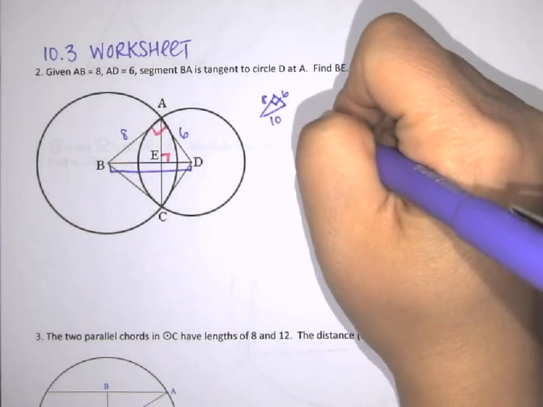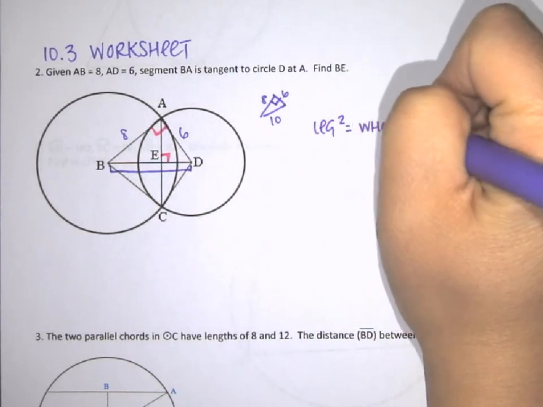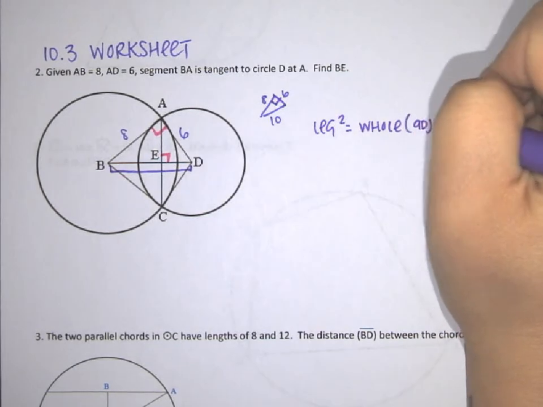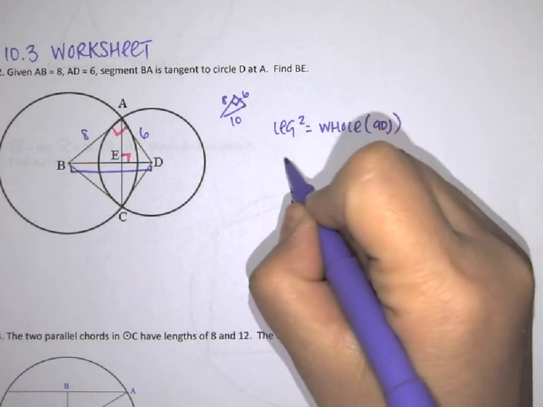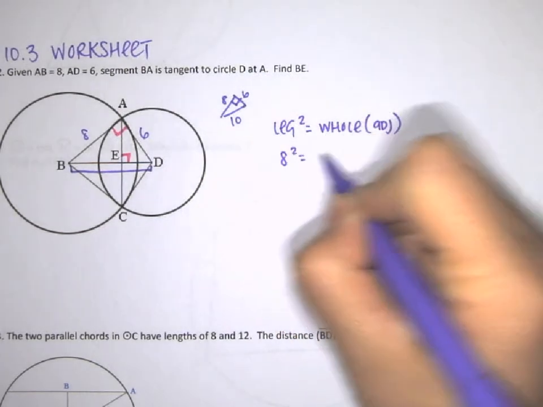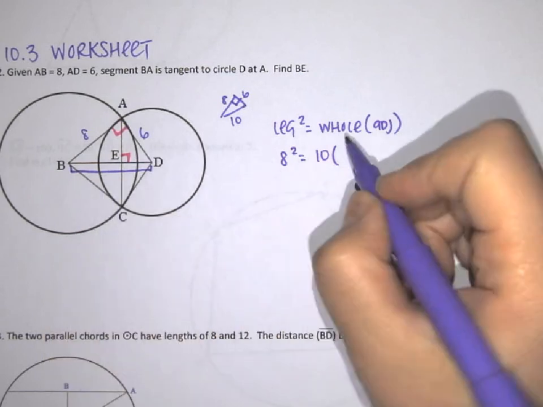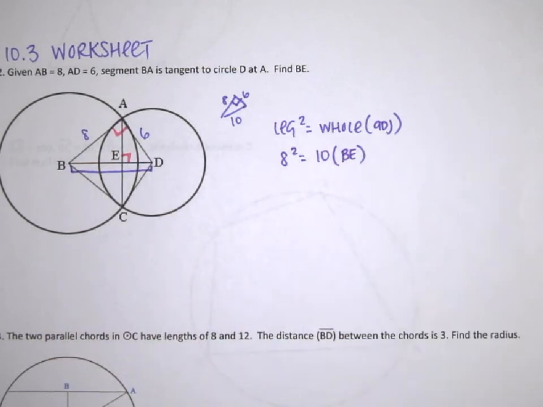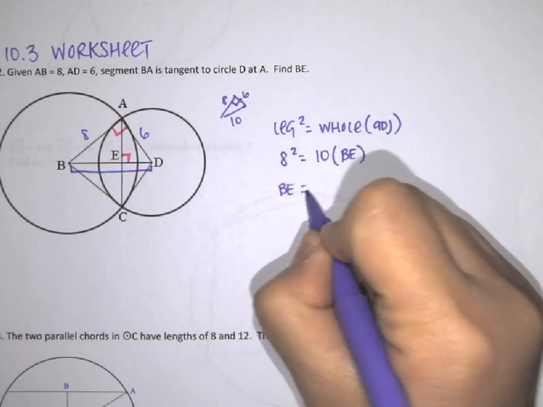So the leg squared is the whole hypotenuse times the hypotenuse piece that's adjacent to it. So we could use 8 squared is the whole hypotenuse times the piece right next to it, BE. So BE is 6.4.